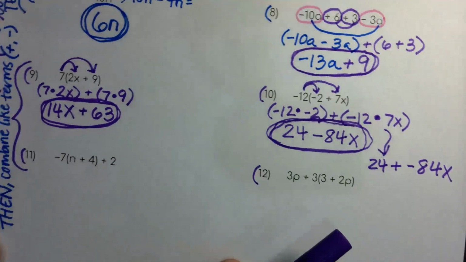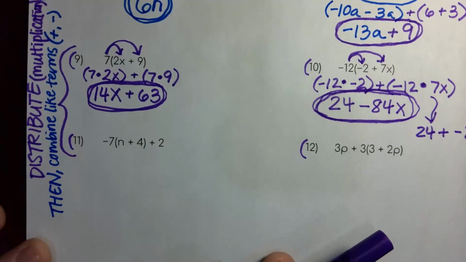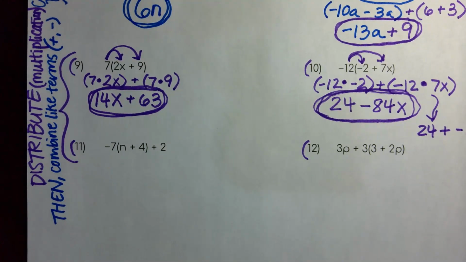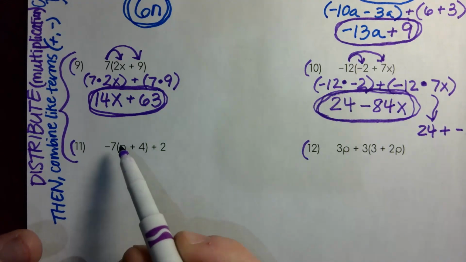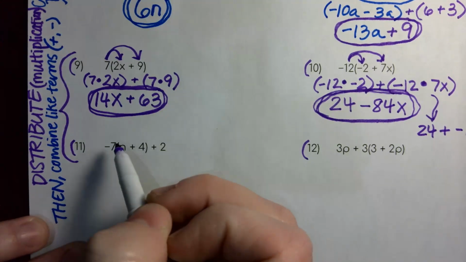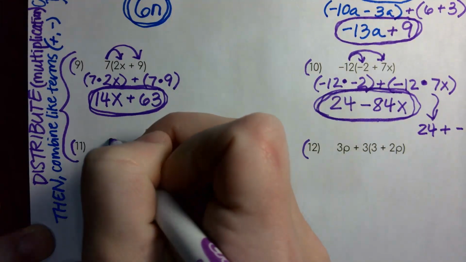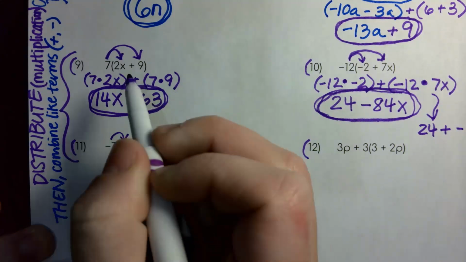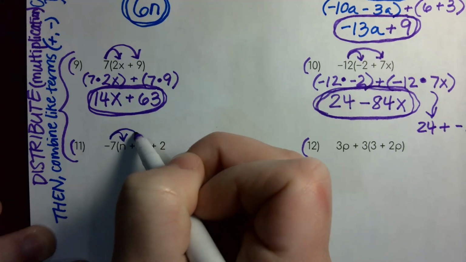All right, let's look at 11. We have negative 7 times n plus 4 in parentheses plus 2. What's our first step? Distribute the negative 7. Yes, we want to distribute negative 7 by multiplying it to n and then negative 7 multiplied to 4.